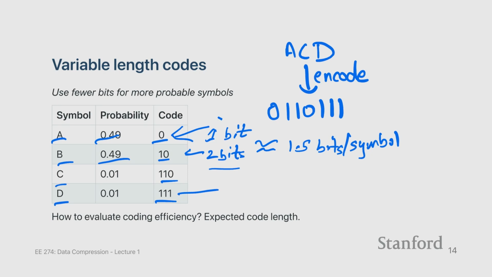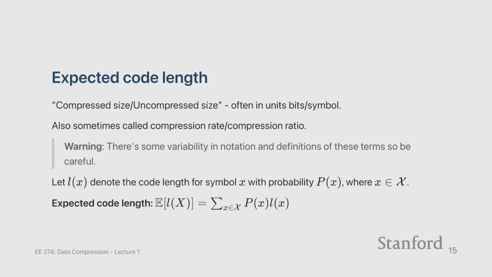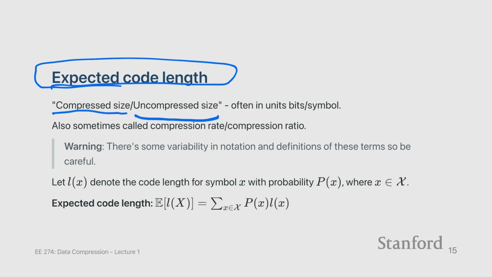Let's make it precise, and then we'll come back to the intuition. Expected code length. This is the measure we will use to evaluate all our codes in the first half of the course. So what is this? One way to think about it is compressed size divided by uncompressed size. So how many bits you are using per symbol of input, on average, so there is an expectation floating around.